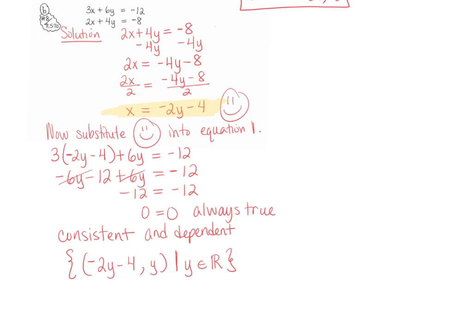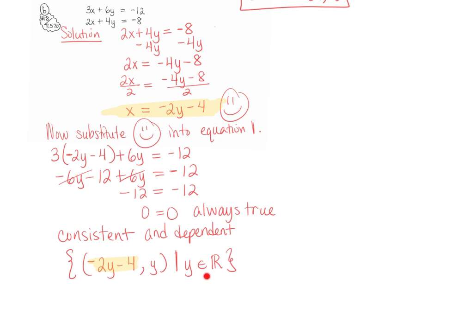Curly brackets on both sides indicate the set of all ordered pairs, negative 2y minus 4, comma, y. That's your x. This vertical bar means such that y is a real number.